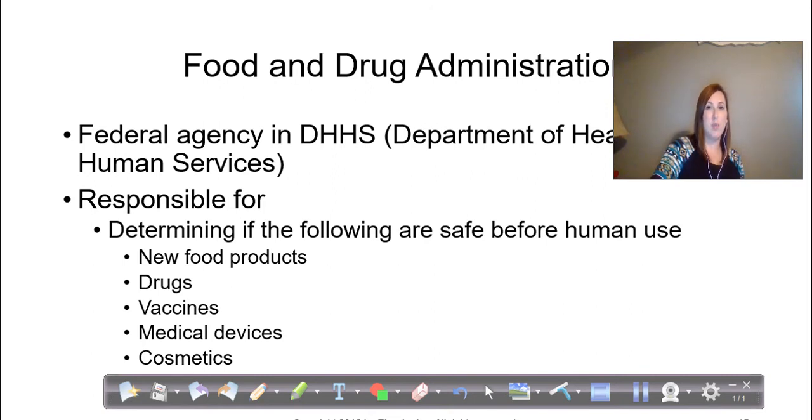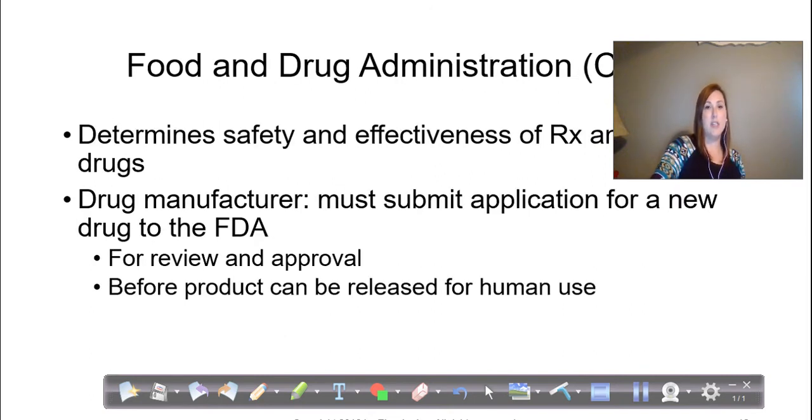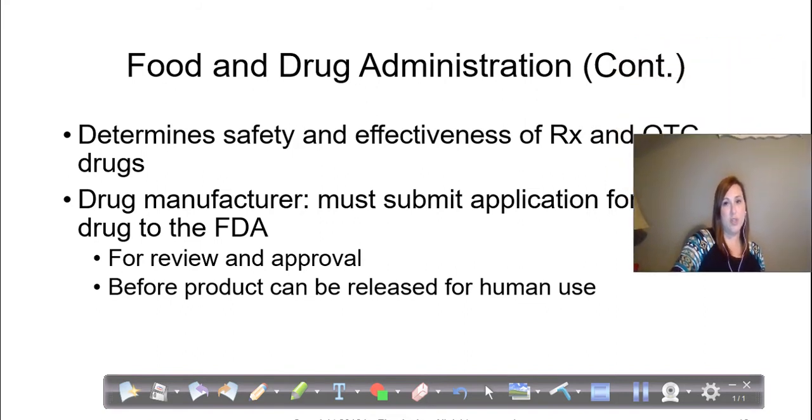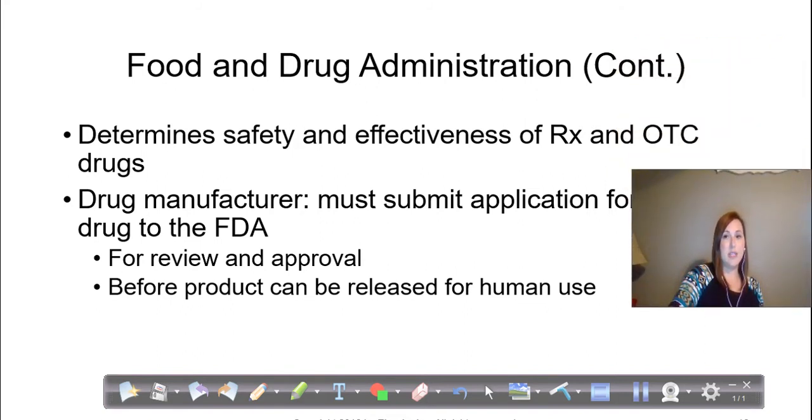So they play an important role in the medications. They determine the safety and effectiveness of medications that are either by prescription and OTC or over-the-counter. It can take years of testing of a drug for that safety and effectiveness to be determined.